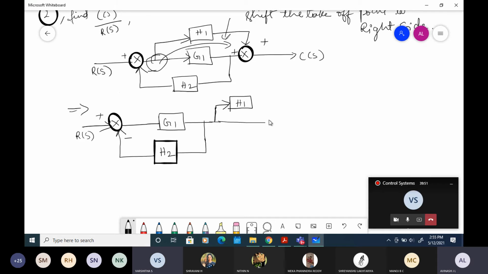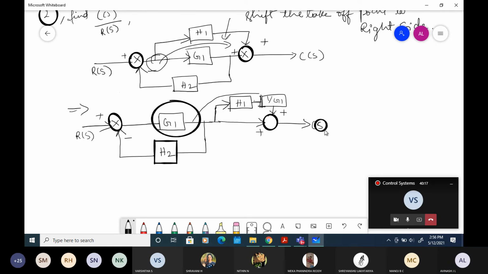Divide by G. So we need to include a block, and this block value should be taken as a reciprocal. So it is a multiplication factor, it will come as 1 by G1. G1 is the value we have to take, and then this block will go like this. Clear? Yes, sir.